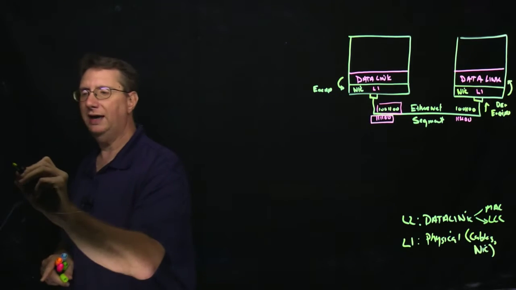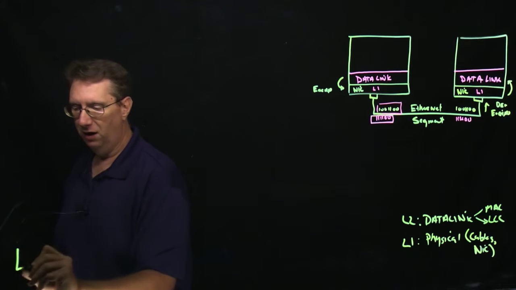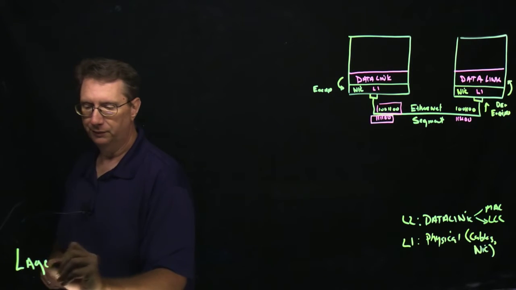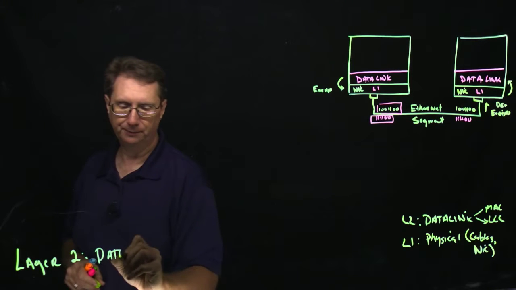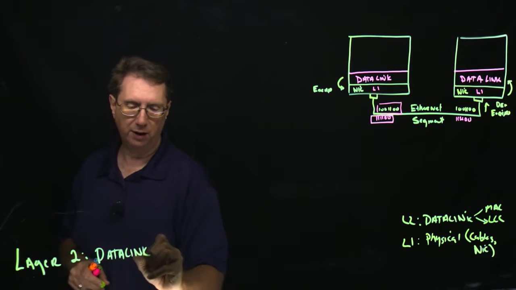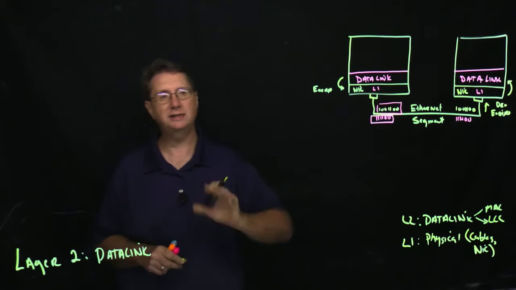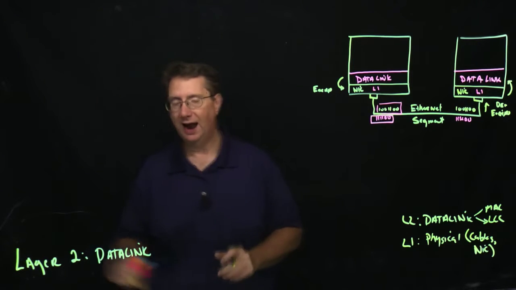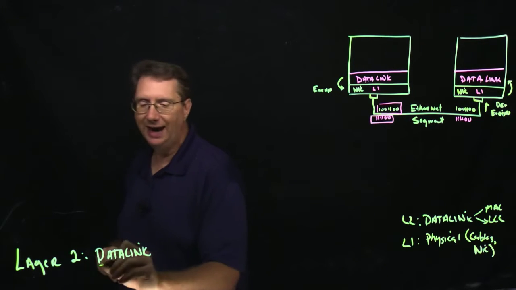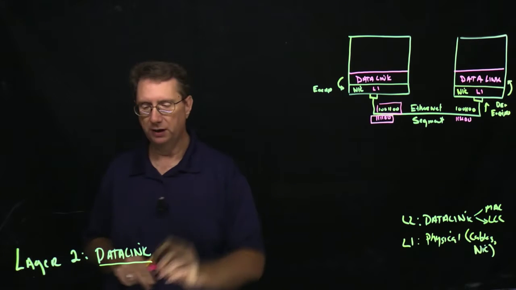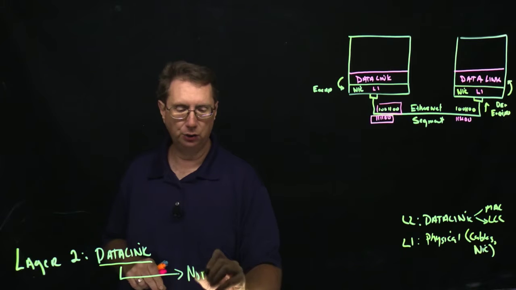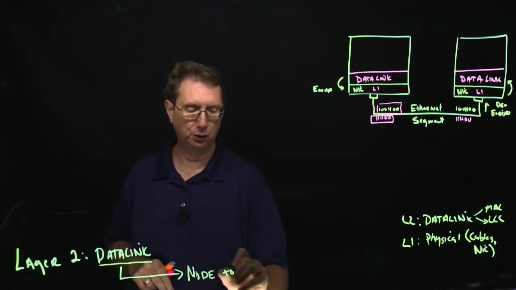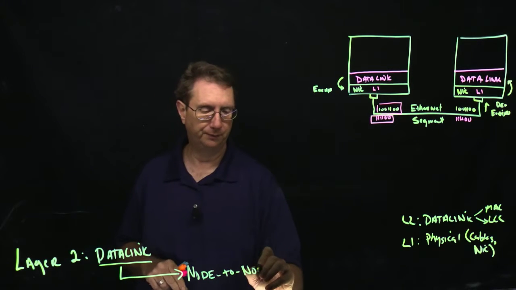Because when we start looking at this from the perspective of layer 2, the data link layer, there are some very important things that we need to make note of. And that is that the data link layer exists to provide the ability to communicate node to node.